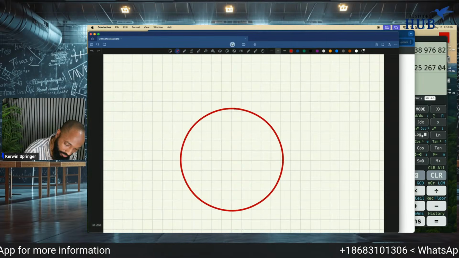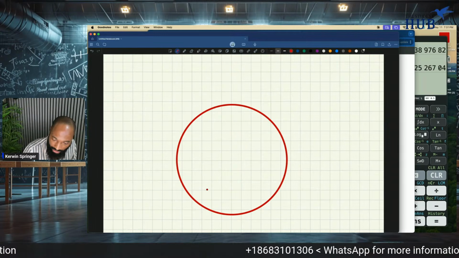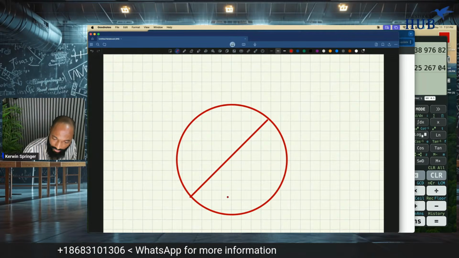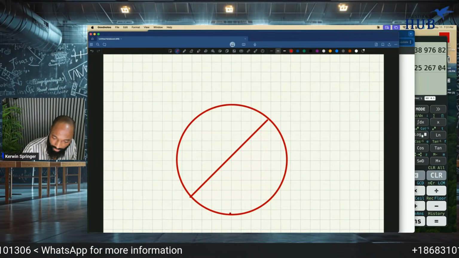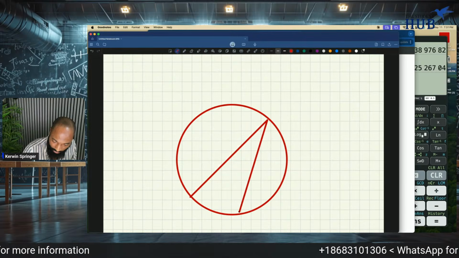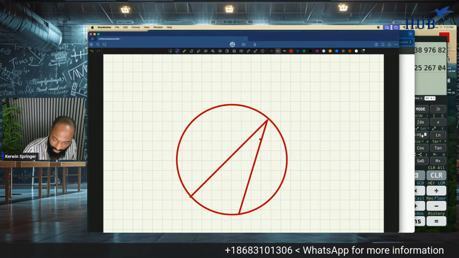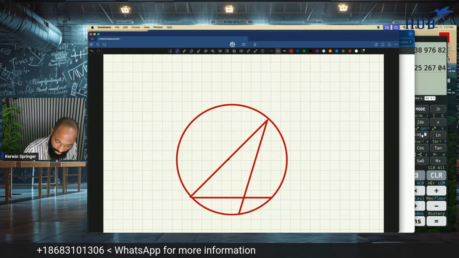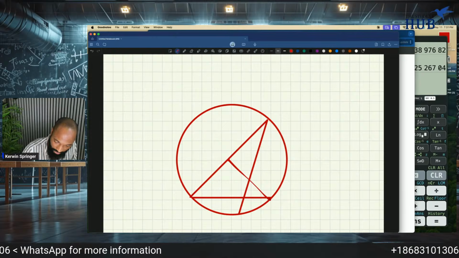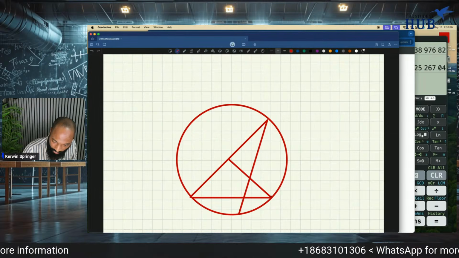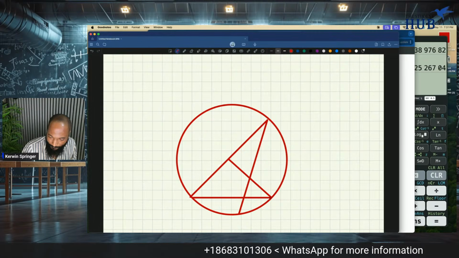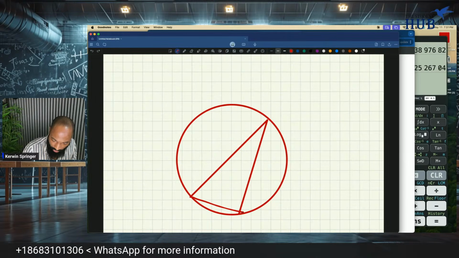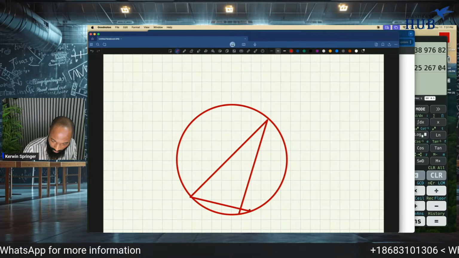I have a circle, and I have this line, and this line here, and this line here, and this line here. Actually, let's make it go here and here.